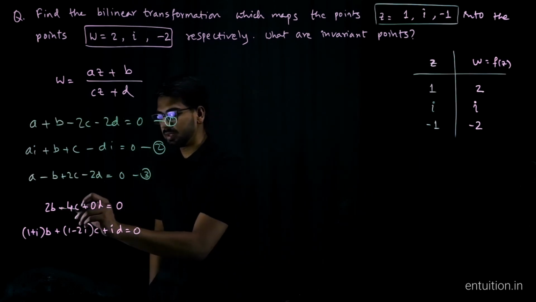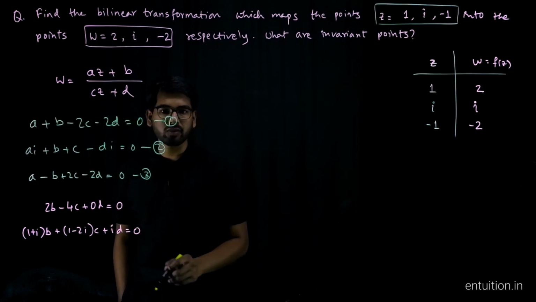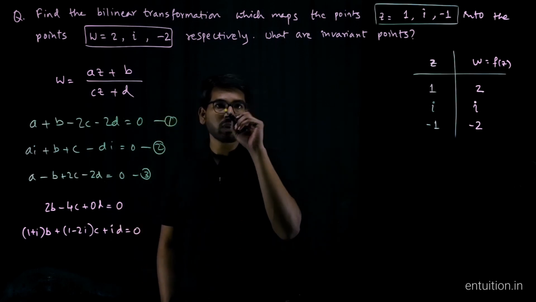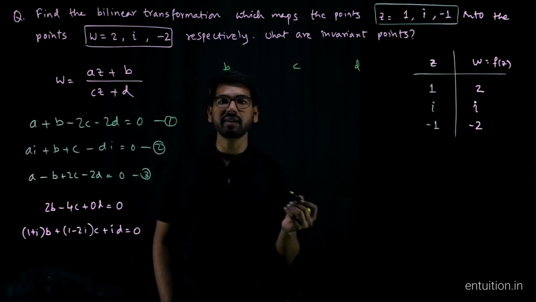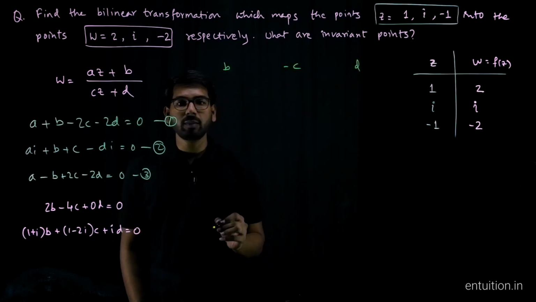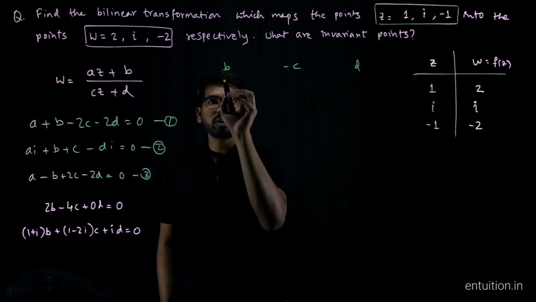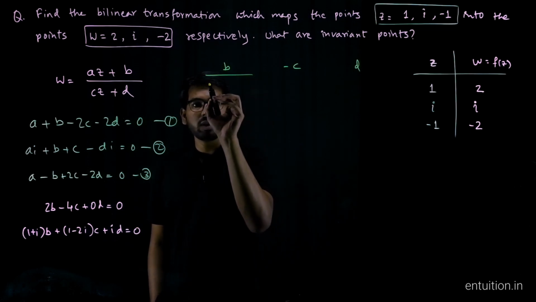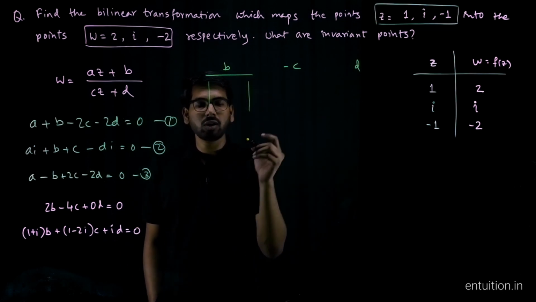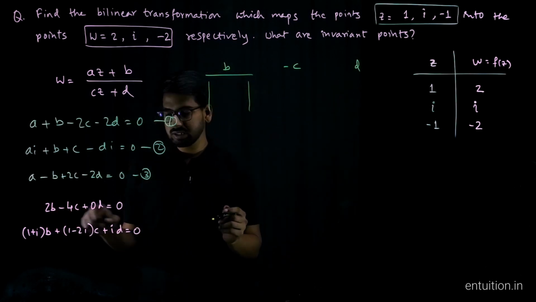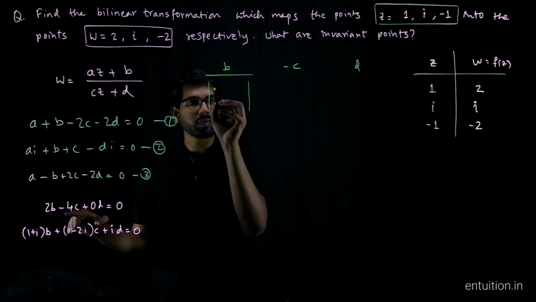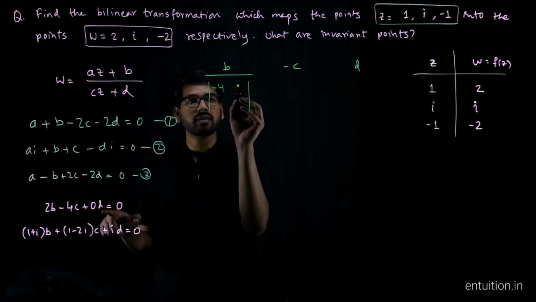If we have three unknowns b, c, d and two equations, how do you find b, c, d? First write down all the unknowns here: b, c, d, and add a minus sign to the middle unknown. In the denominator of b, take the determinant of the coefficients of c and d. What are the coefficients of c and d? In the first equation, the coefficient of c is minus 4, the coefficient of d is 0.